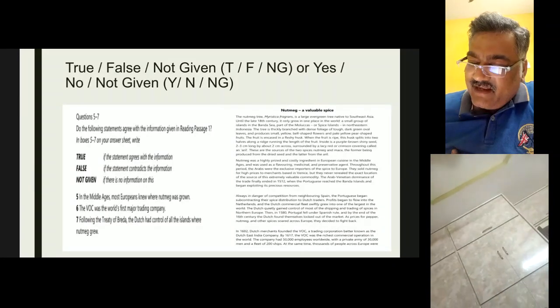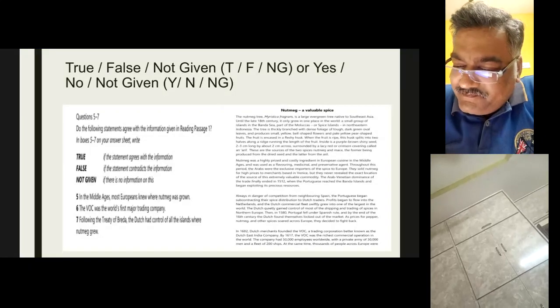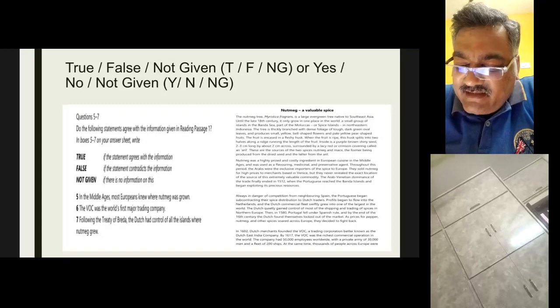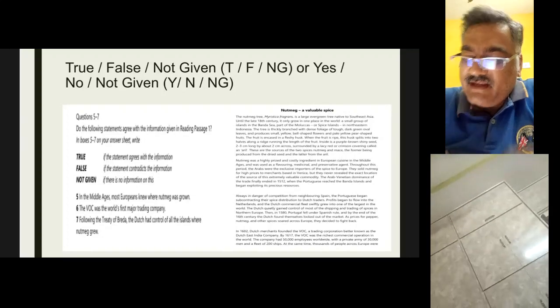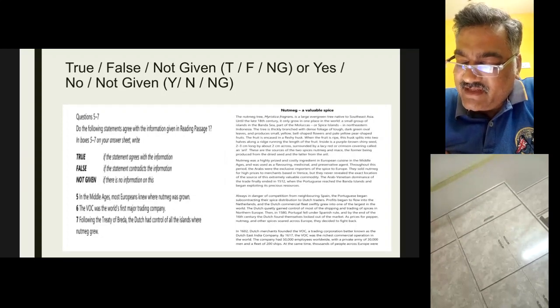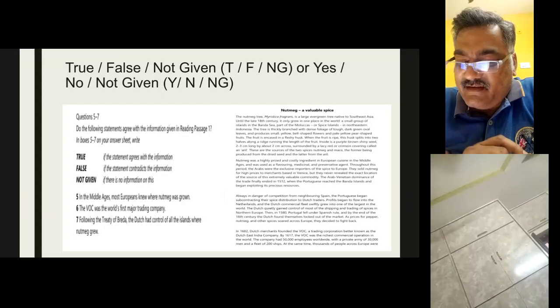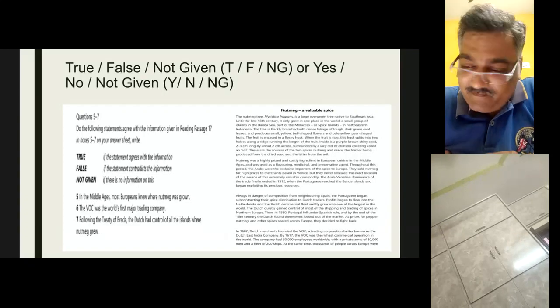Good. Then, similar kind, you'll have to find out the second and the third questions also with the similar tactic. You need to find the keyword, and here the keyword for the sixth question is VOC. Was it the world's first major trading company?